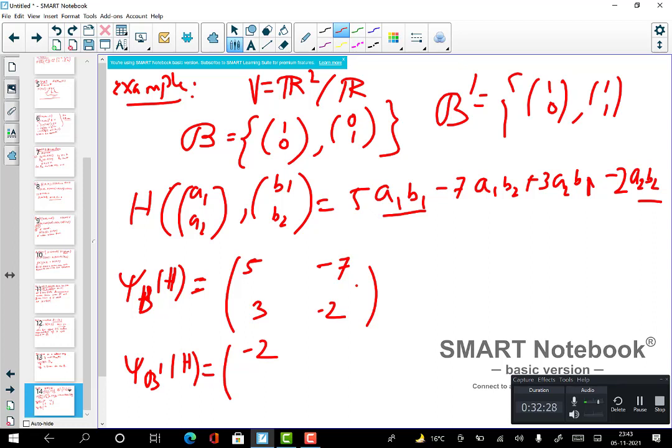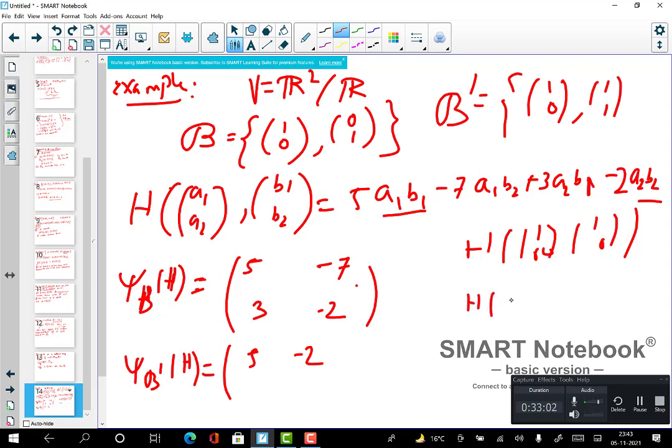Sorry, the first one will be with respect to h, and h1 is 5, so the first one will be 5. The third coordinate is h 2 1.